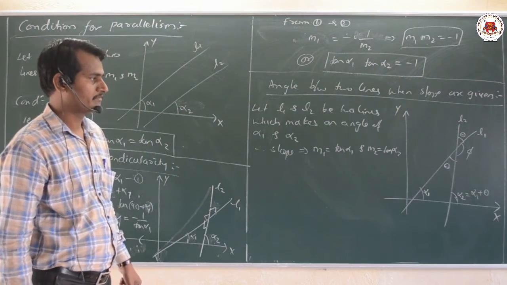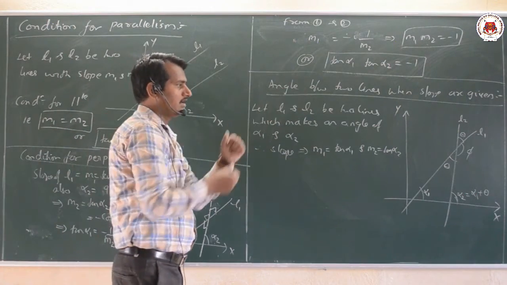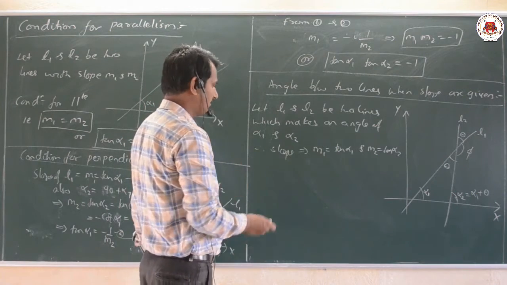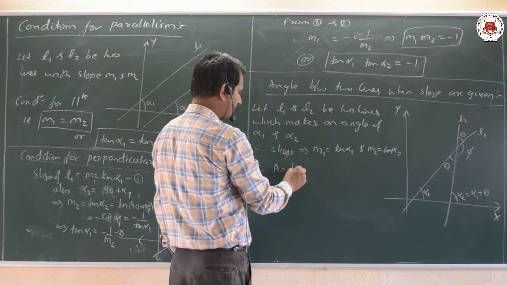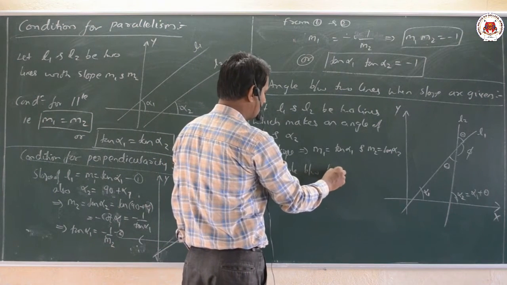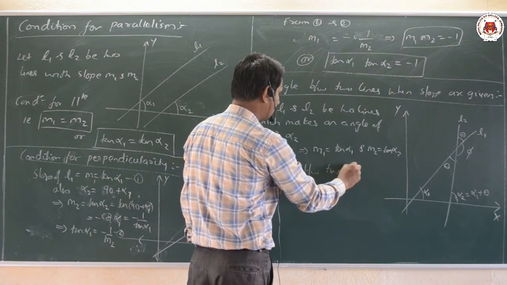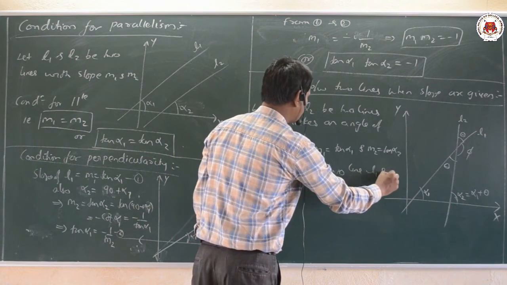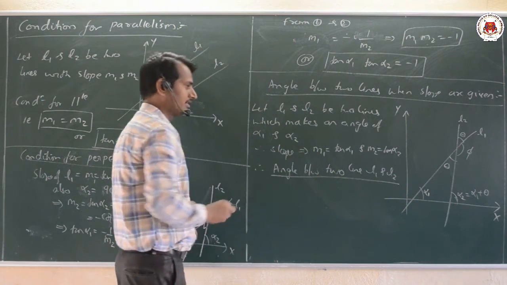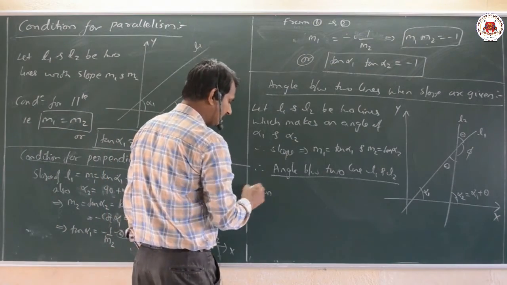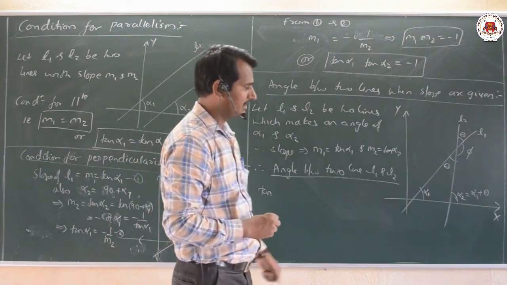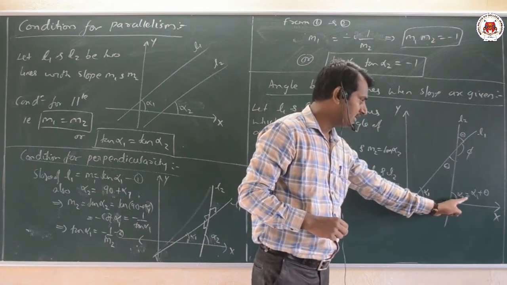This is one thing. Now, what do we mean by theta here? That we shall observe. Therefore, the angle between the two lines L1 and L2 is a very, very important thing that I require here.